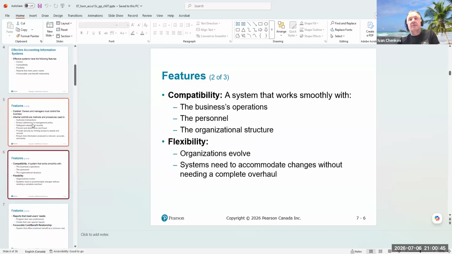What makes the system comparable? When the system works easily for the business operation, for the people, for the organizational structure, for all those purposes, we need the system to produce information which can be comparable period to period.